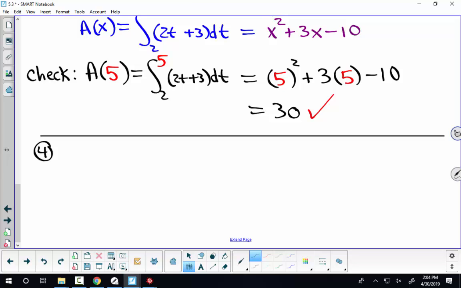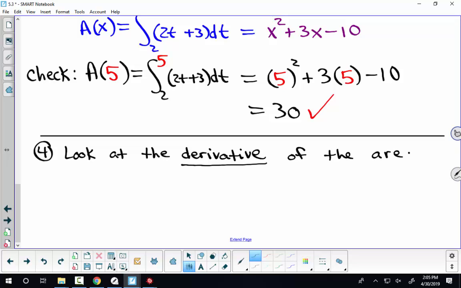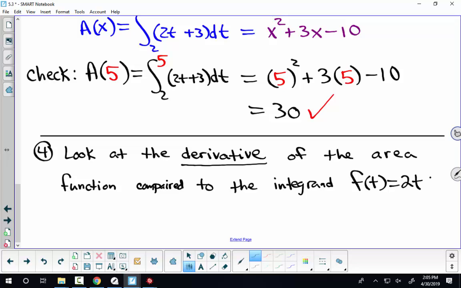So in part 4, let's look at the derivative of the area function compared to the integrand, f of t, which was 2t plus 3.